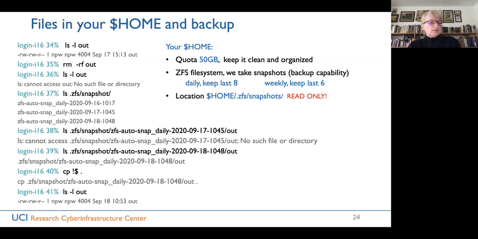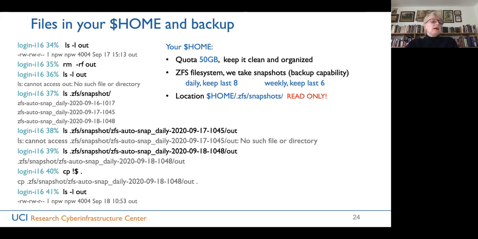If you look at the first of the three lines under ZFS snapshots, there is a snapshot as of September 17. My file out was created at around 3 o'clock in the afternoon, and the snapshot was run at around 10 o'clock in the morning. So when I list this snapshot, it proves that out is not in that snapshot. So I have to look in the next snapshot to find out if the file is there.